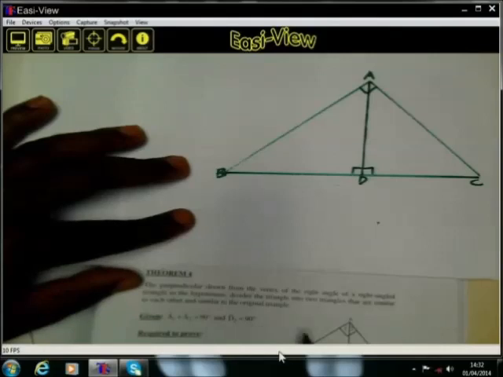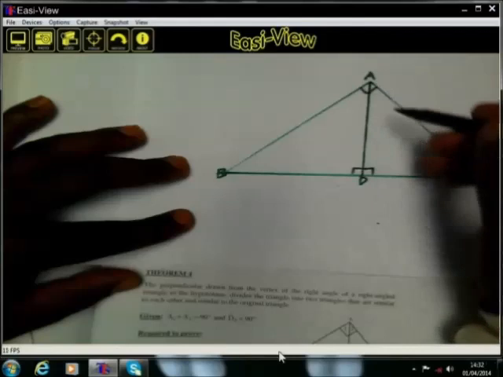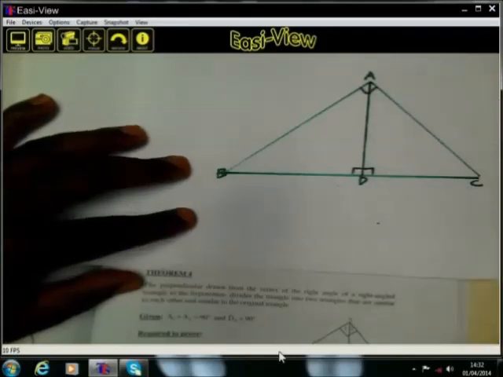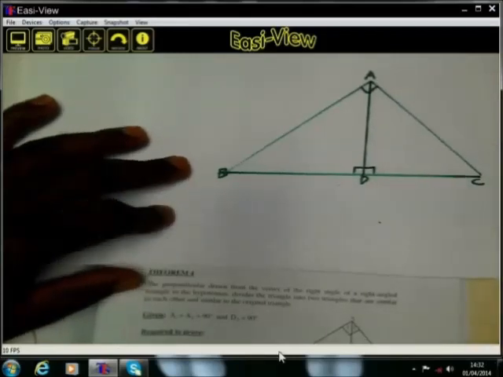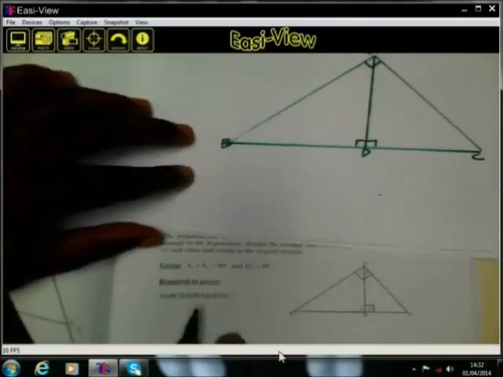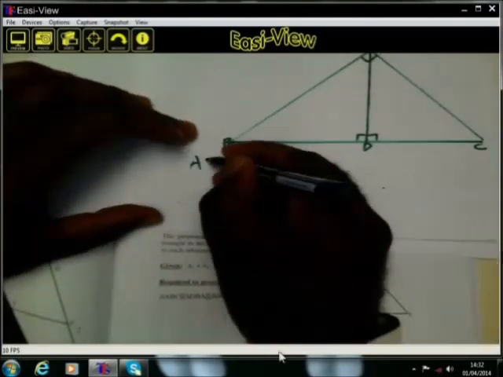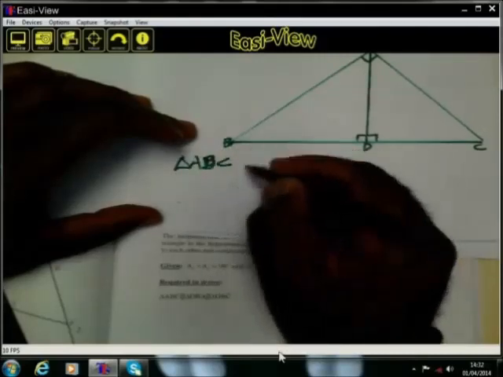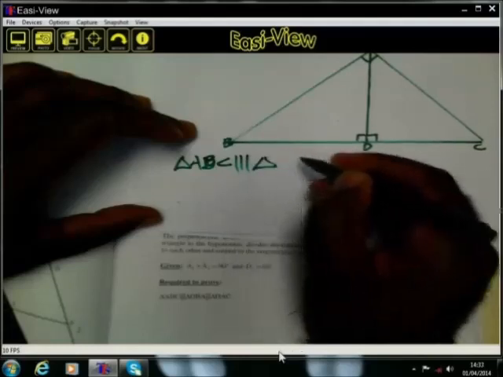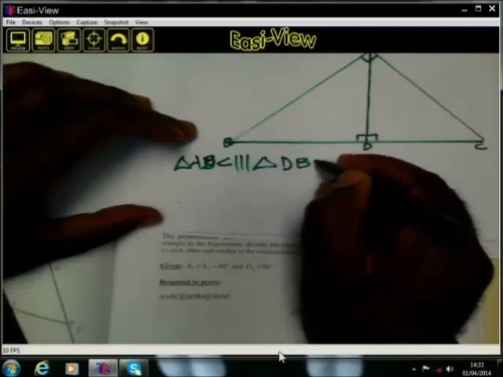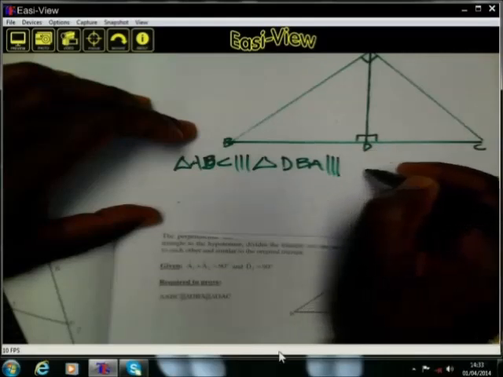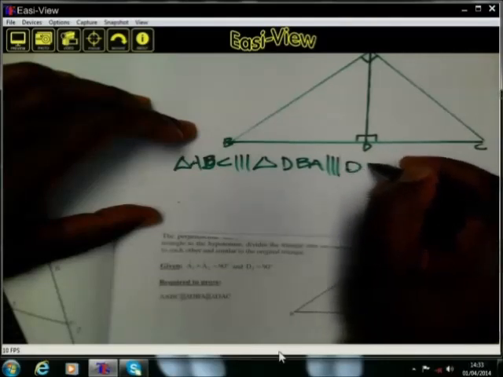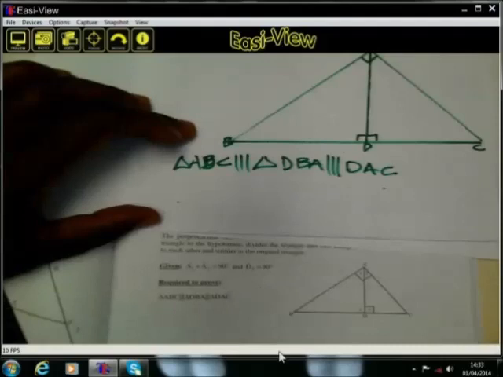All right. We are already given the magnitude of these angles. Fine. What is it that we are requested to prove? We are requested to prove that triangle ABC is similar to triangle DBA, and that is also similar to triangle DAC. That is what is requested of us. Fine.